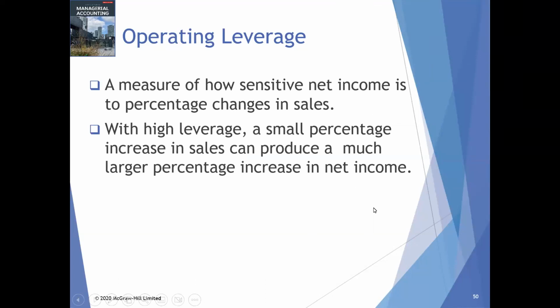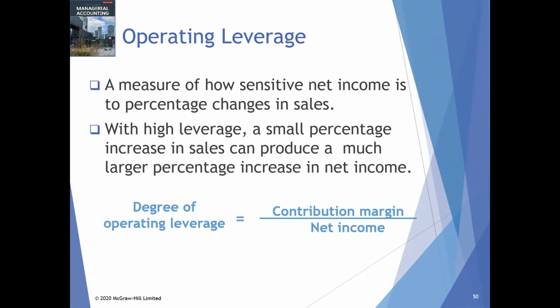So the next topic we have is the degree of operating leverage. So what is that leverage? The degree of operating leverage is a measure of how sensitive net income is to a percentage change in sales. For example, if there is a change in the percentage of sales, up or down, then how will net income be affected?